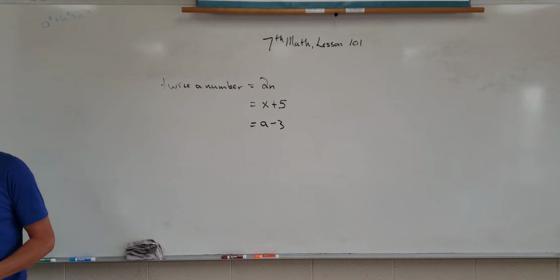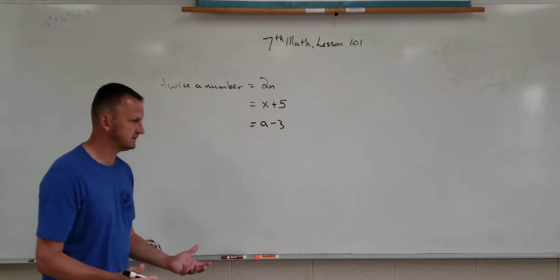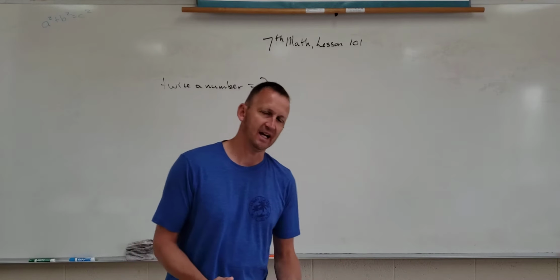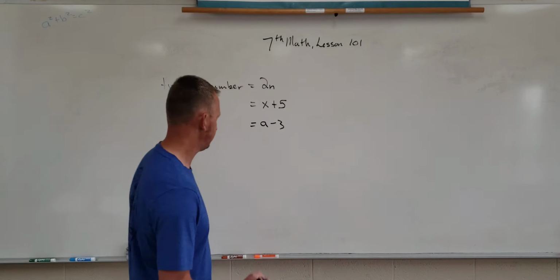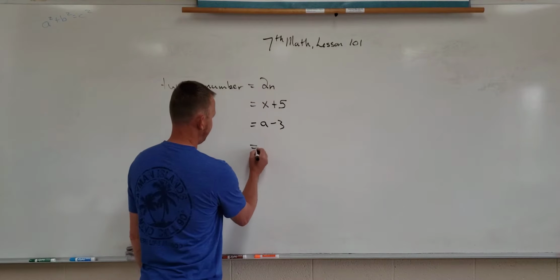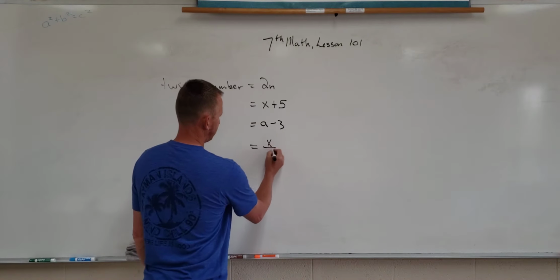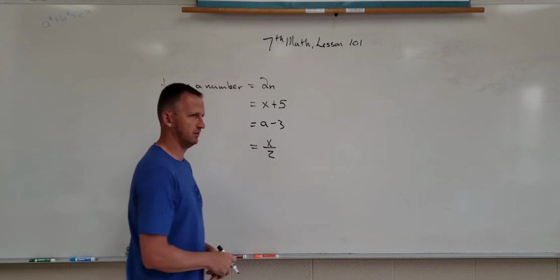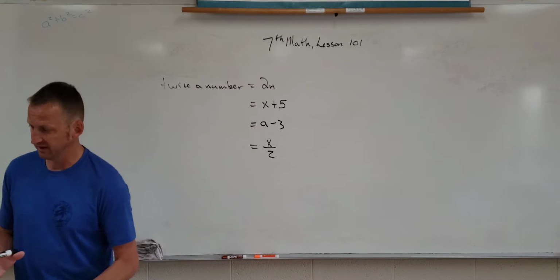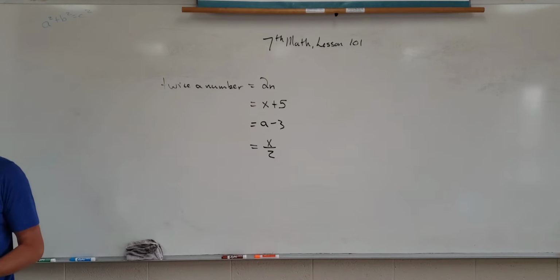And then we have half of a number. Well, if we cut something in half, it's in 2 pieces. So half of a number, we could say, is X over 2. Whatever that number is, divided by 2.